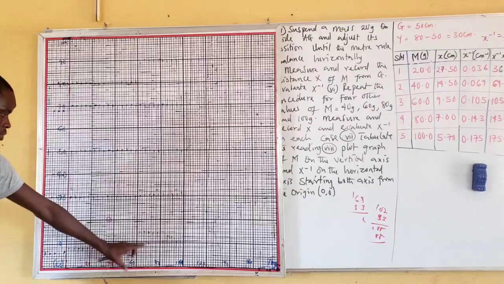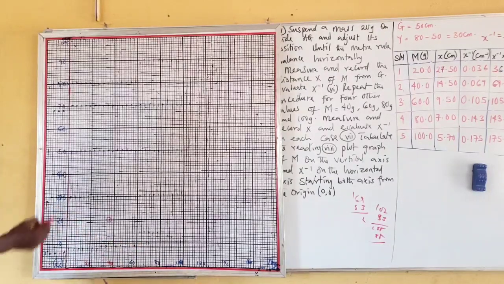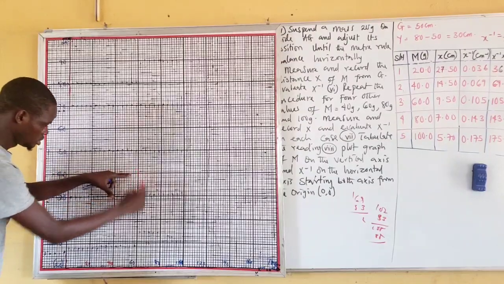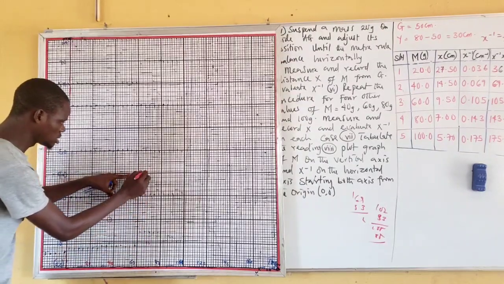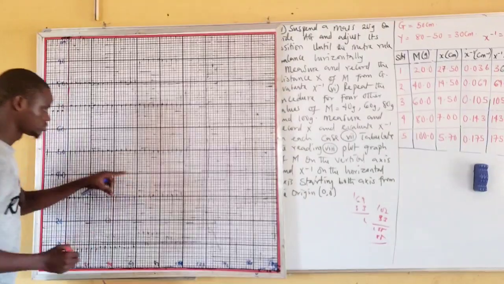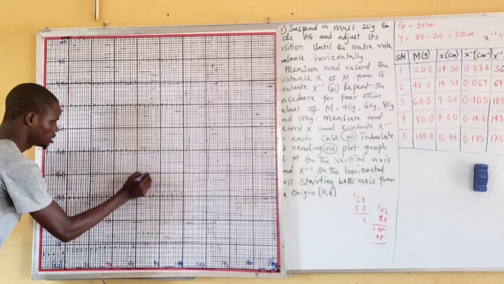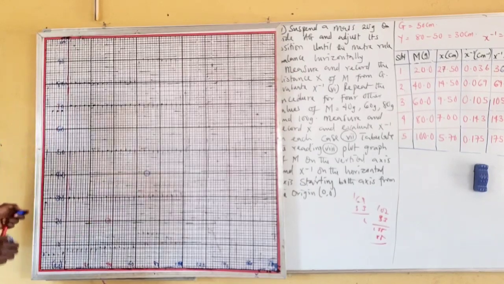That is where my 69 is lying. Now, you know it is 40 to 69. Trace your 40 to that center point, which is supposed to be here. That is the value there.